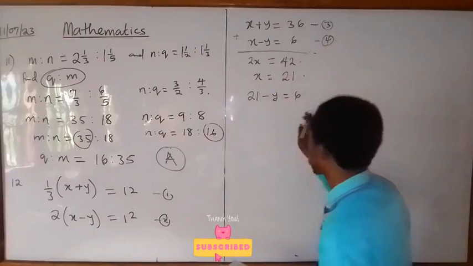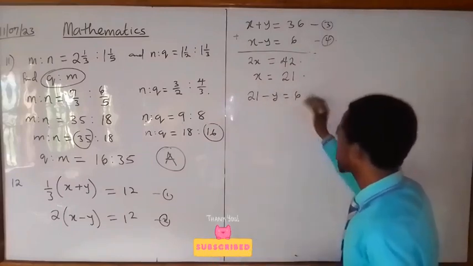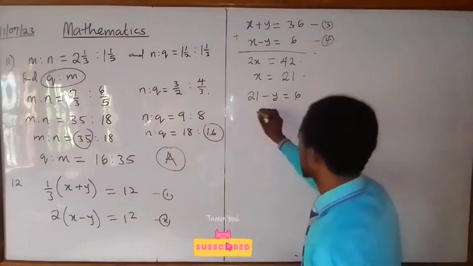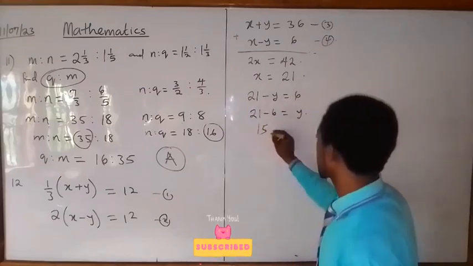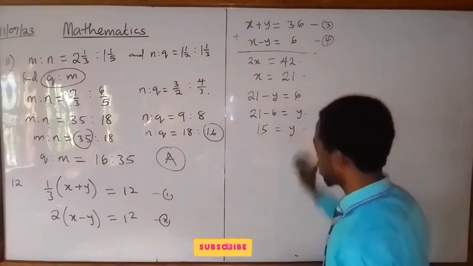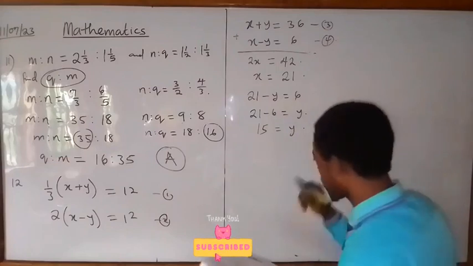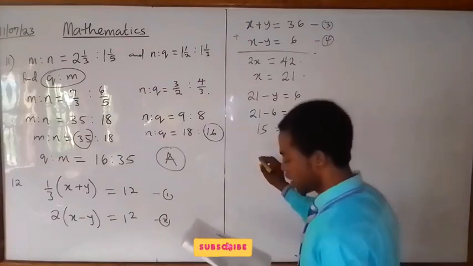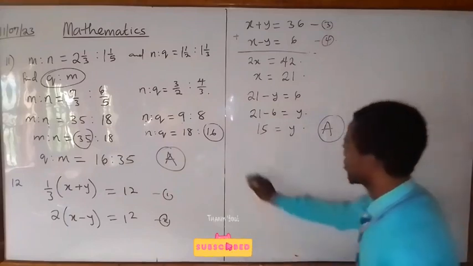We collect the like terms: carry minus y over, it becomes plus y, carry 6 over, it becomes minus 6. That's 21 minus 6 equals y, that's 15 equals y. So therefore, y is equal to 15 and x is 21. Therefore, the correct option here is option A. Question 13.